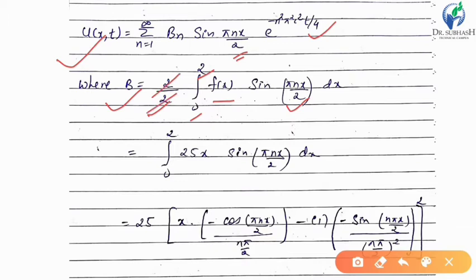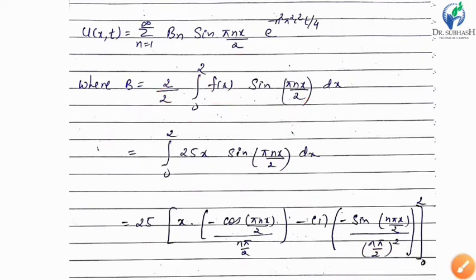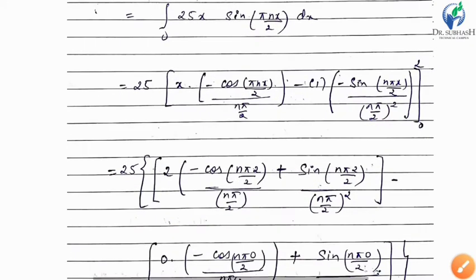This 2 is getting cancelled, f of x equal to 25x, and this term will be as it is. Now 25 I am taking outside here, and I am left with u and v. x will be u and sine will be v. So x will remain as it is. Integration of sine will be minus cos(pi n x upon 2).